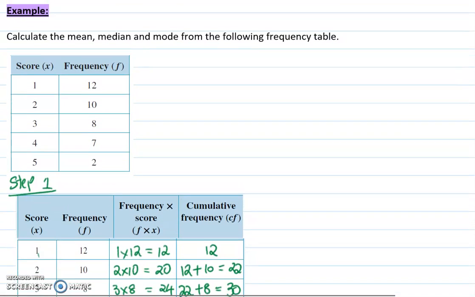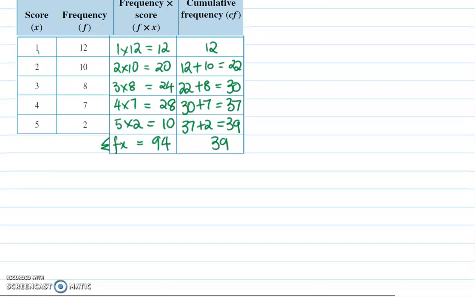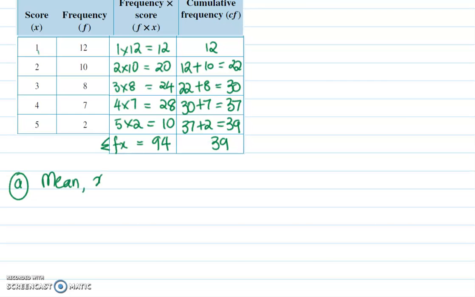Okay, now the question is asking to calculate the mean, median, and mode for the following. Let's do our mean. To calculate our mean, we use the x-bar sign to annotate that.